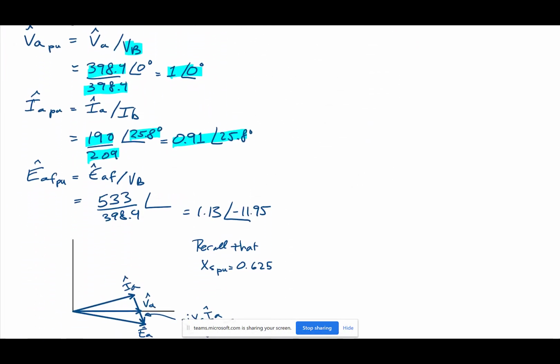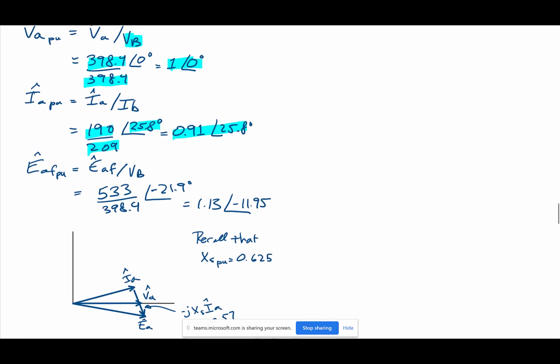Hopefully I didn't make a mistake there. It looks like it's right, but feel free to figure these out yourself to check them. Minus 21.9, and then the ratio of these two voltages, 533 divided by 398.4.